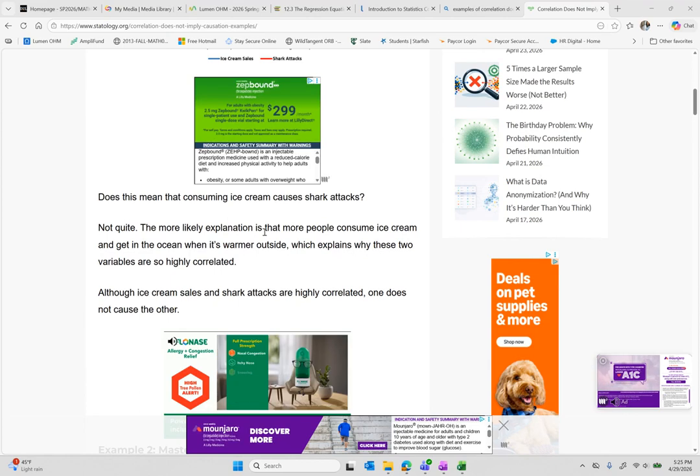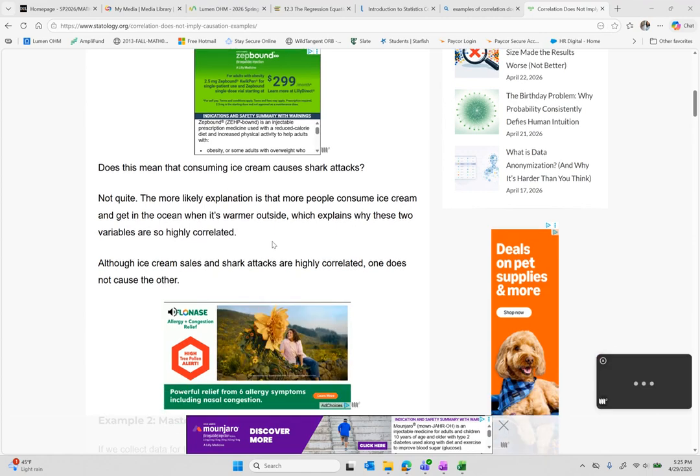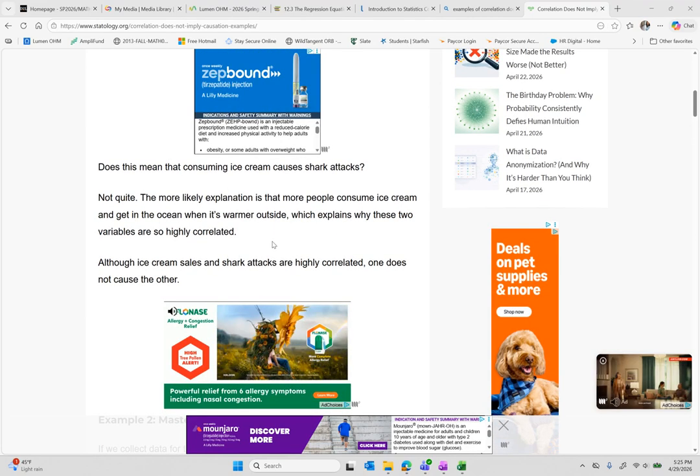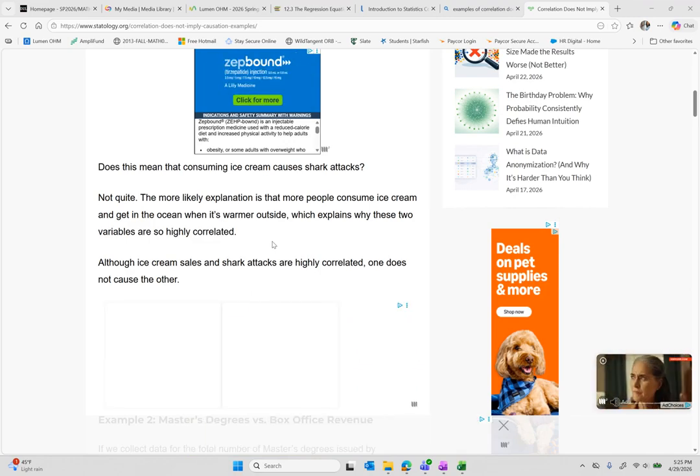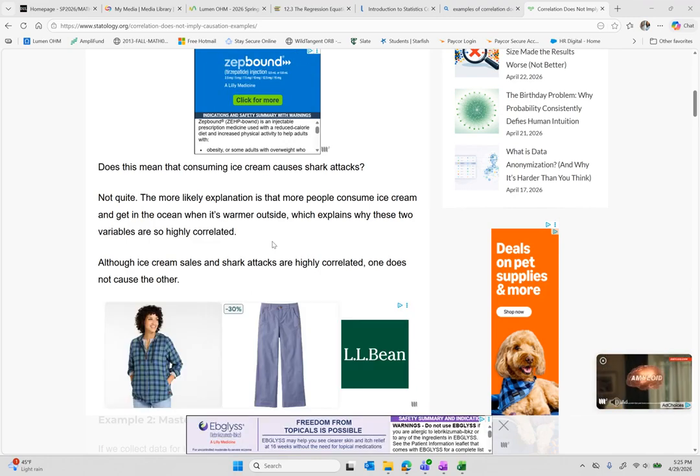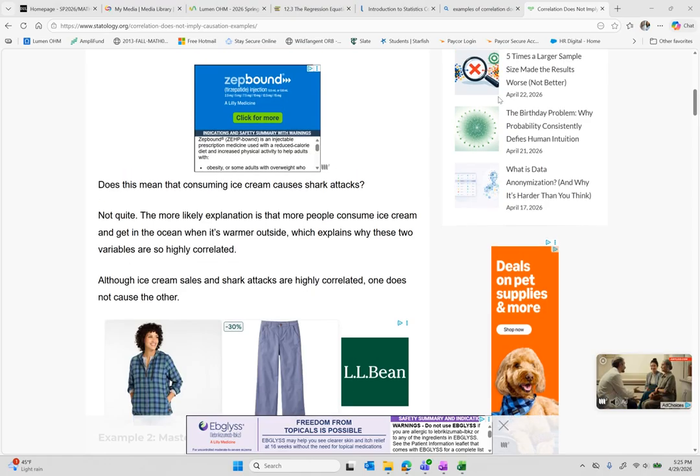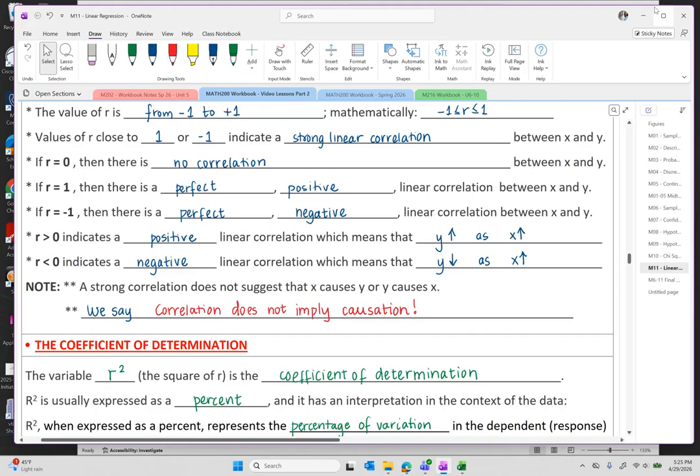The more likely explanation is that there is a lurking variable or a confounding variable. More people consume ice cream and get in the ocean when the weather is warm outside, which explains why these two variables are so highly correlated.